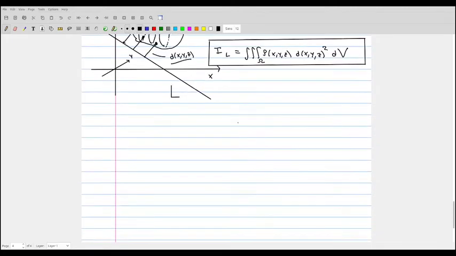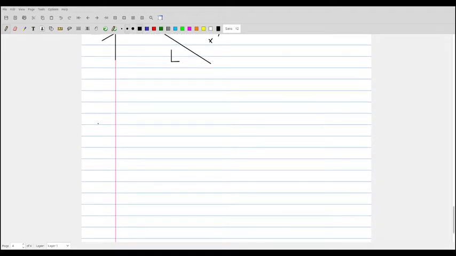Using this idea, we can go through and actually define specific moments of inertia about each axis. So the moment of inertia of this region about the x-axis is going to be the triple integral over omega of the density function times the distance of any point in this three-dimensional region omega to the x-axis squared, which will be y squared plus z squared.